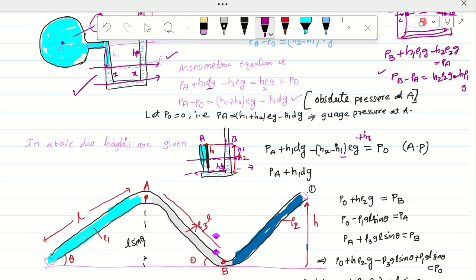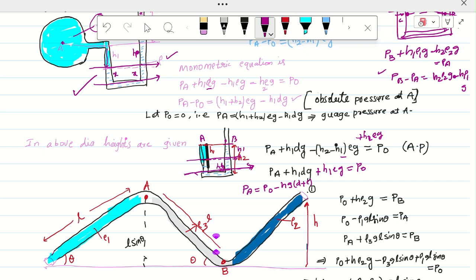Now H2 rho g minus H2 rho g get cancelled. Therefore PA plus H1 dg plus H1 rho g is equal to P naught. So therefore PA is equal to P naught minus H1 G into (D plus rho).